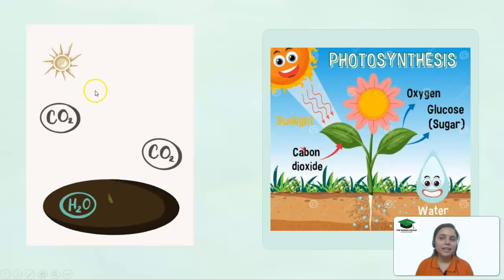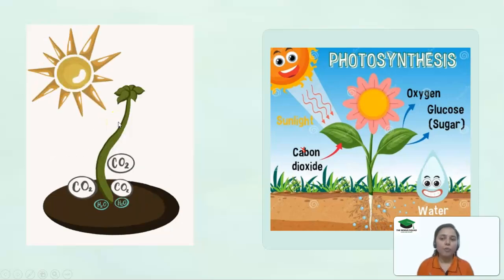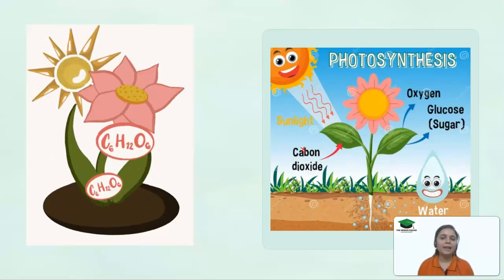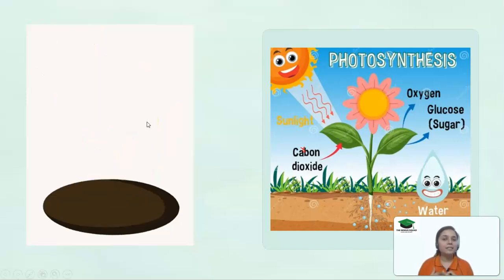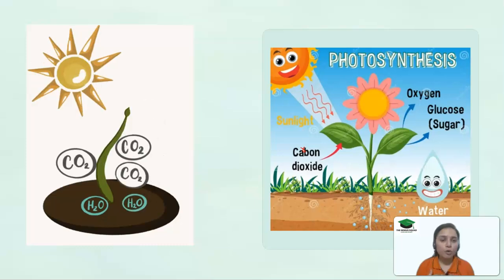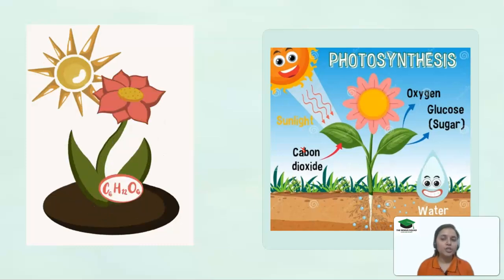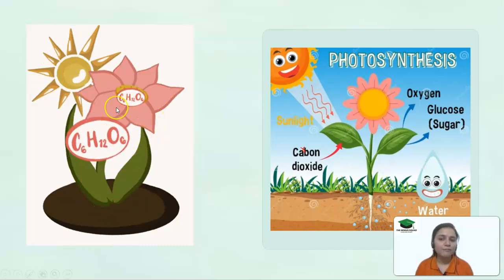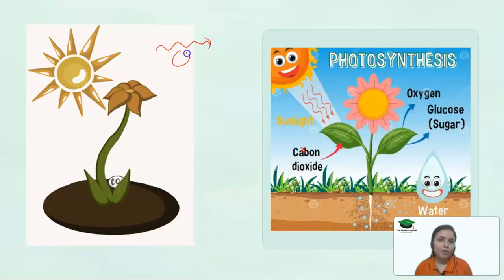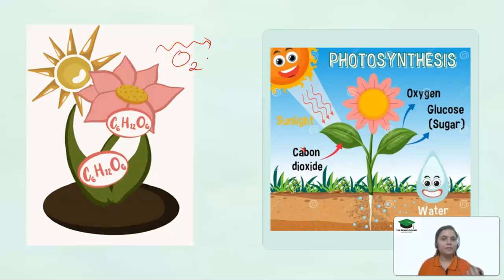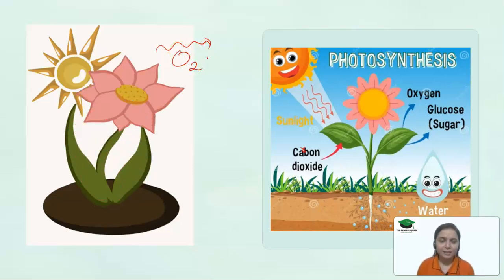And under this sunlight, this CO2 and water combine and the plant is able to grow. Why? Because it prepares the food glucose or sugar, which is C6H12O6, and along with that it is also releasing some oxygen for us to have some deep breaths, right?